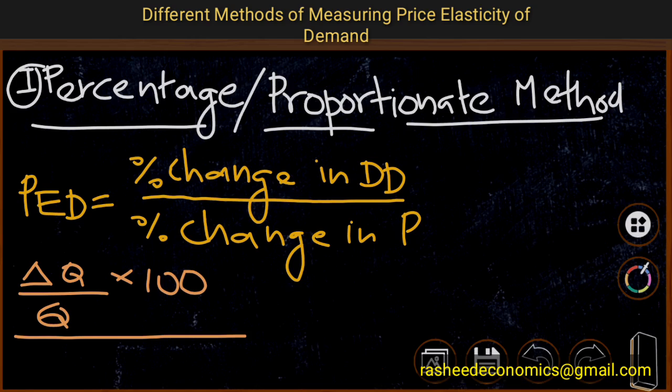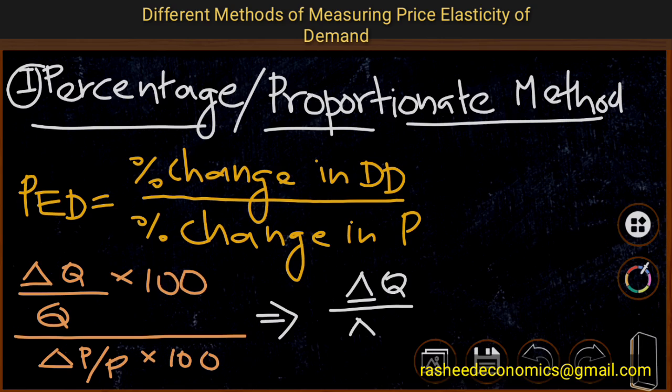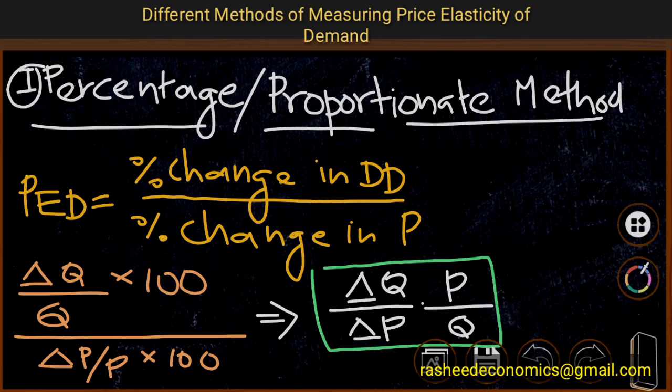And now we need to find the percentage change in price. For that, delta P, that is change in price, divided by original price into 100. It is possible to simplify this formula and we get delta Q by delta P into P by Q. This is the ultimate formula for identifying elasticity of demand using the percentage method or proportionate method.